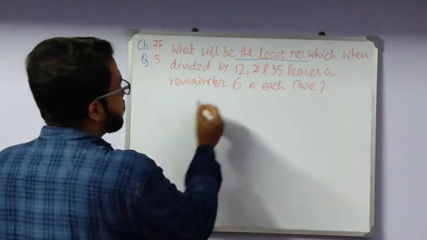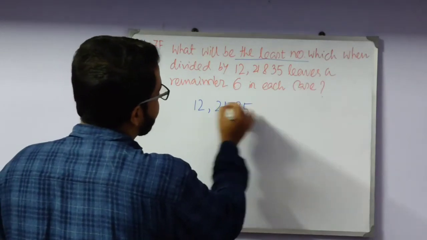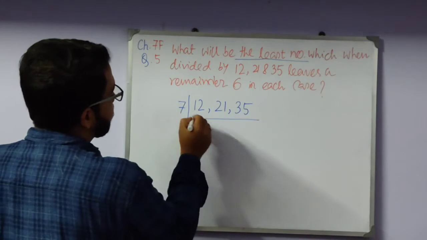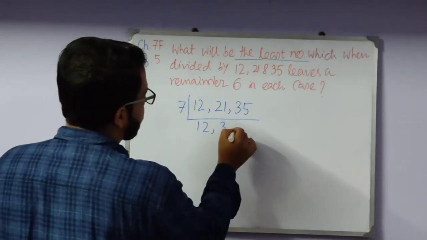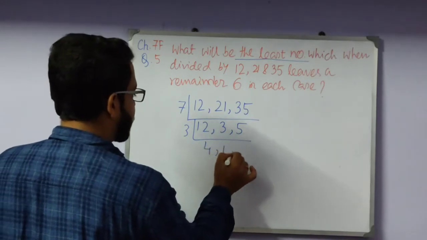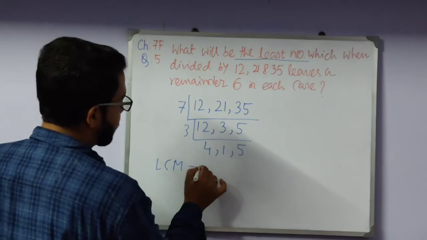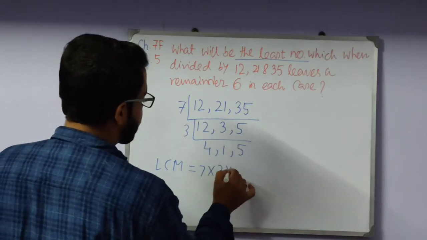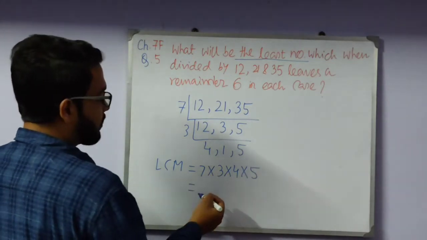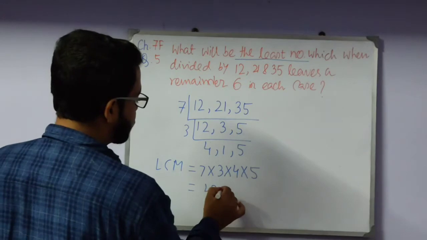So 12, 21, 35. So LCM is equal to 7 into 3 into 4 into 5 means 420.